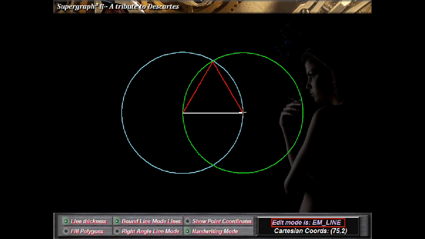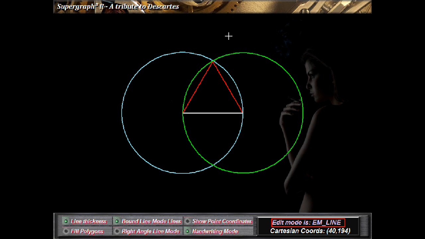Similarly, for the green circle, which has the same radius as the blue circle, we follow through the same argument, and these two have the same length, therefore all three sides are the same length, and therefore this is an equilateral triangle.